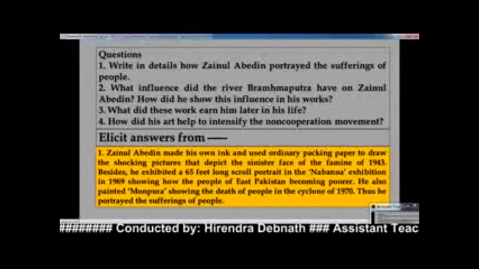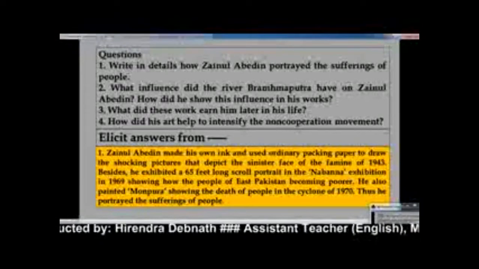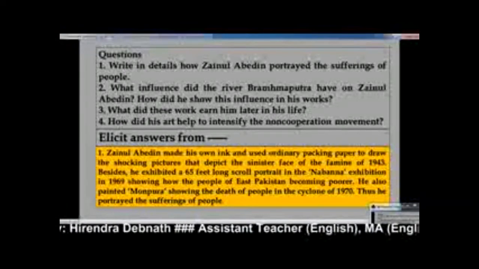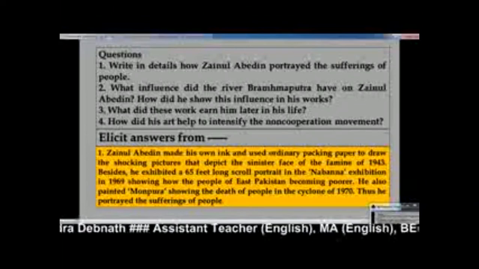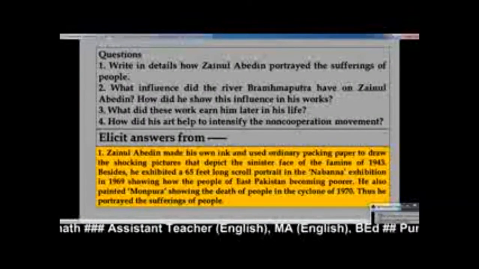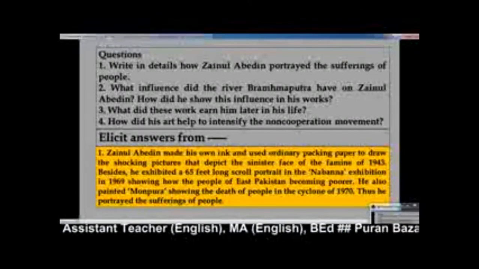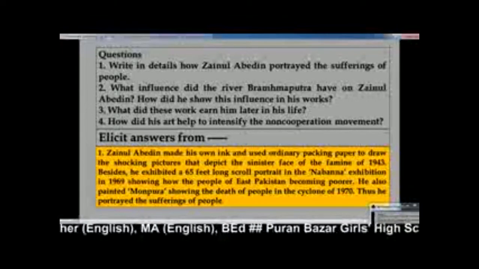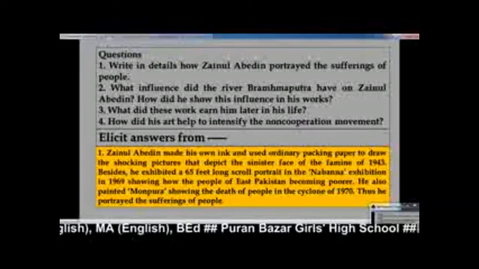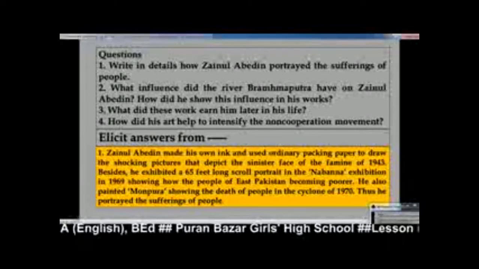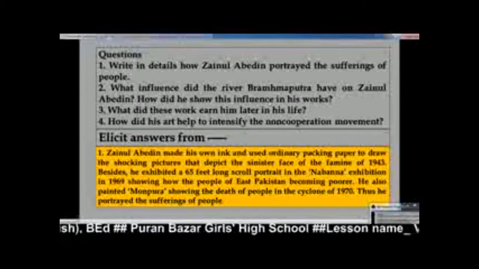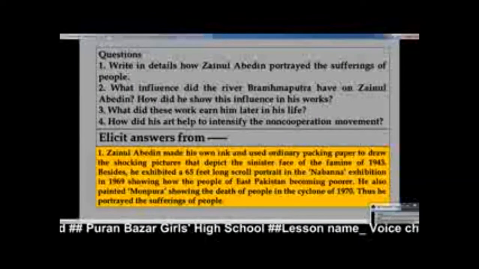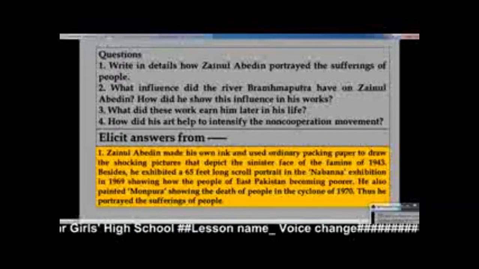The answer of the first question: Zainul Abidin made his own ink and used ordinary packing paper to draw the shocking pictures that depict the sinister phase of the famine of 1943. Besides, he exhibited a 65 feet long scroll portrait in the Navarno exhibition in 1969, showing how the people of East Pakistan were becoming poorer.